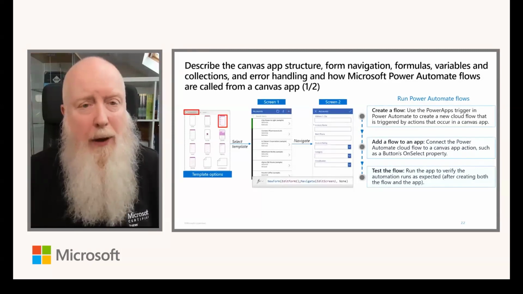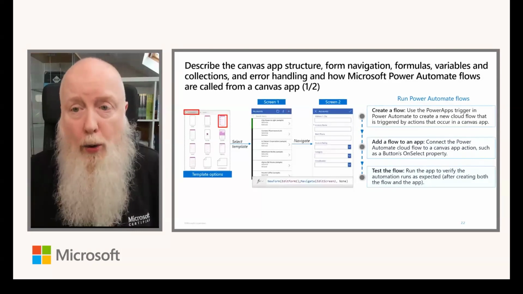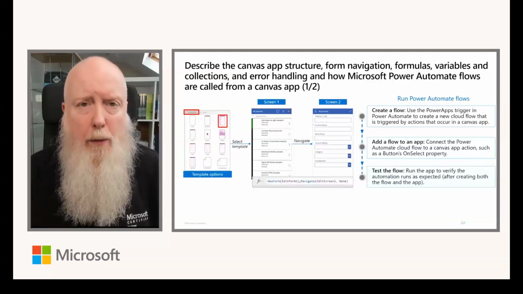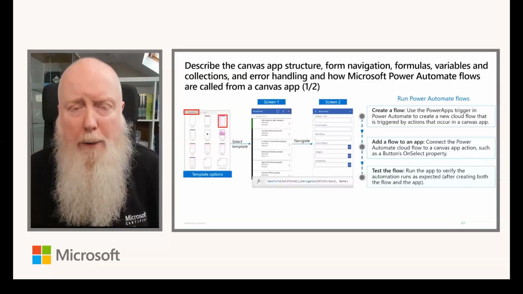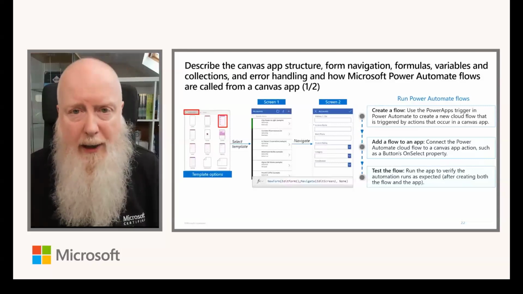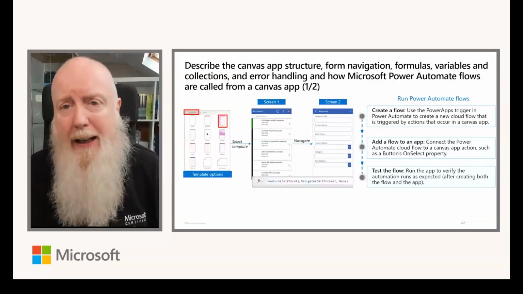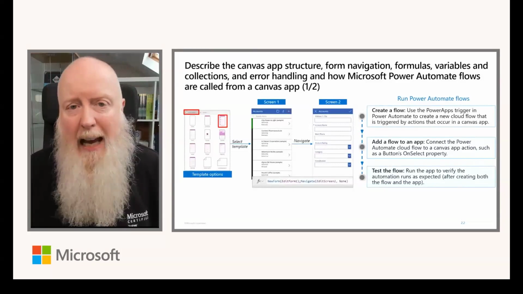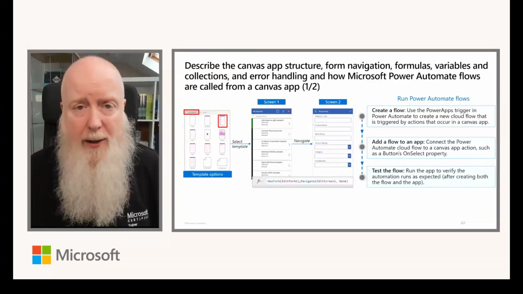We edit the app, we add screens, and we add controls. And we actually have to control more. We have to add more formulas to control, say, navigation. So if I want to move from one screen to another screen, I have to use Power Fx formulas that tell the app what to do when something is clicked on.